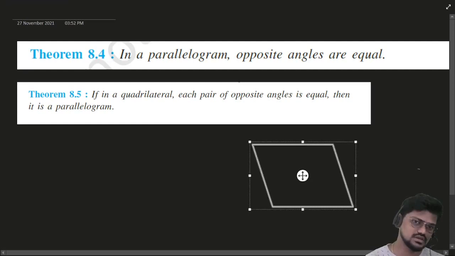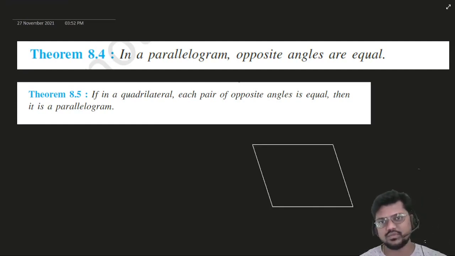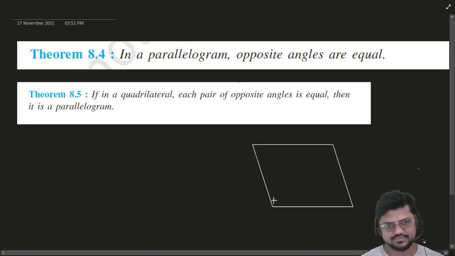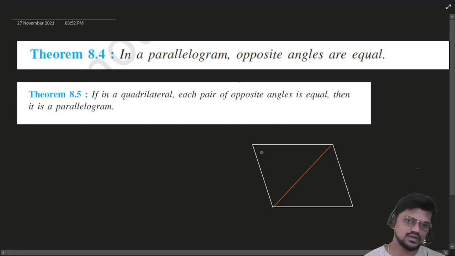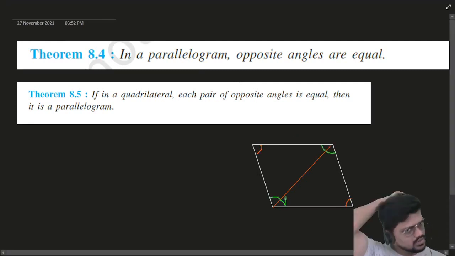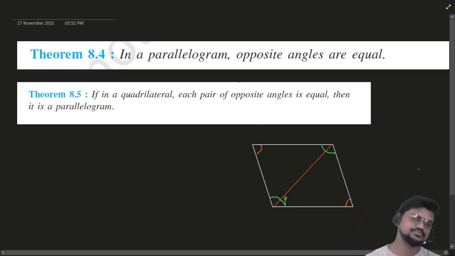I don't know this, right? And suppose I'm drawing a diagonal also. What I know in this is that each pair of opposite angles is equal. I already know that this angle is equal to this angle and this whole angle is equal to this whole angle. I already know this. Fine.